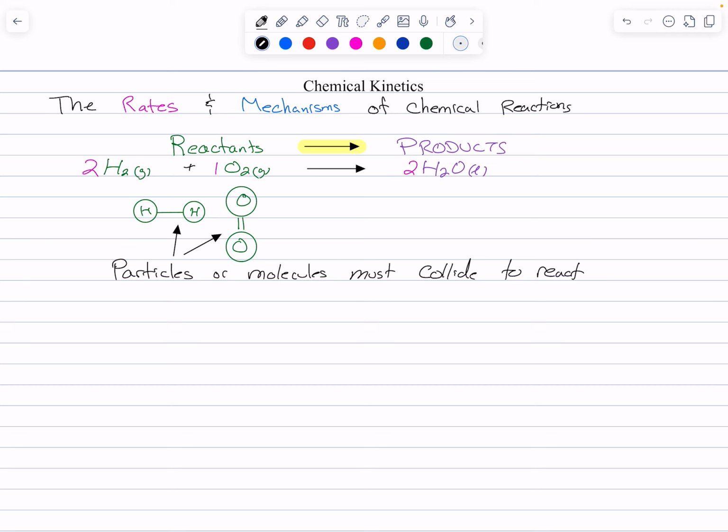Now, this leads us to collision theory. In collision theory, what we're going to get out of it is that the reaction rate is directly proportional to the number of molecular collisions per second.